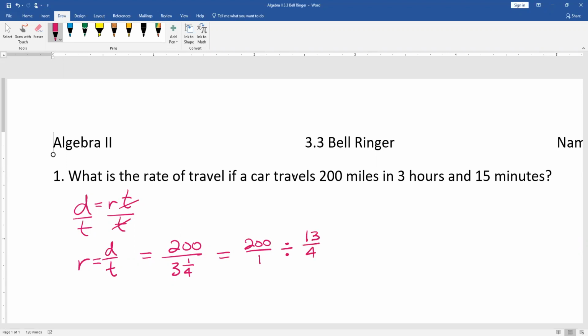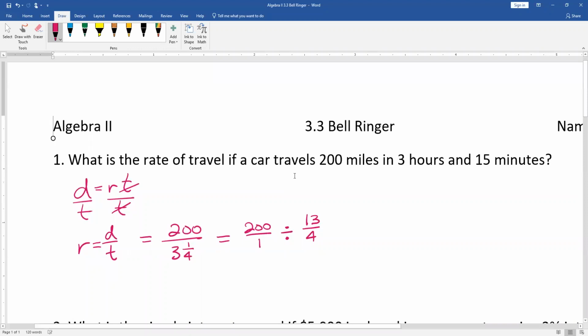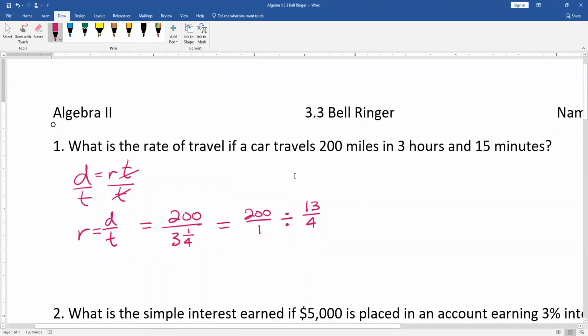So that's 13/4. And when I divide fractions, of course, we turn that into multiplication. We multiply times the reciprocal. And so we end up, probably could reduce that.